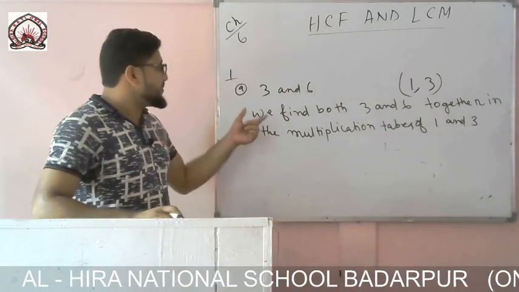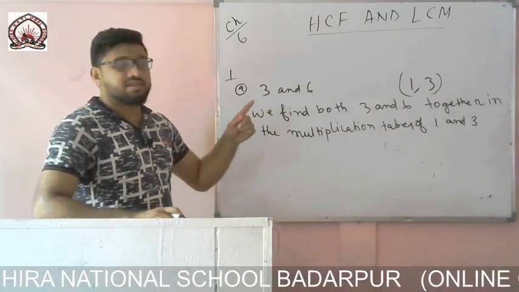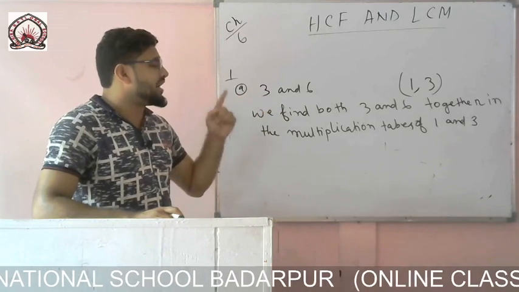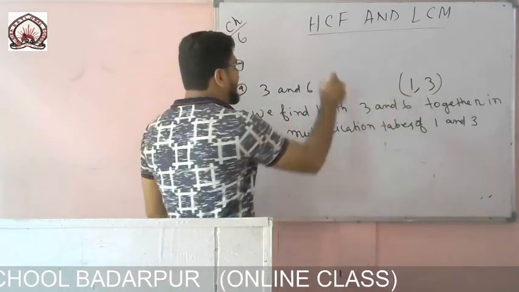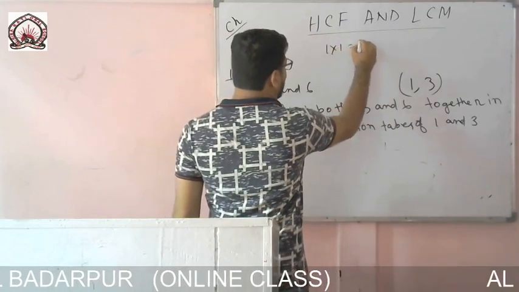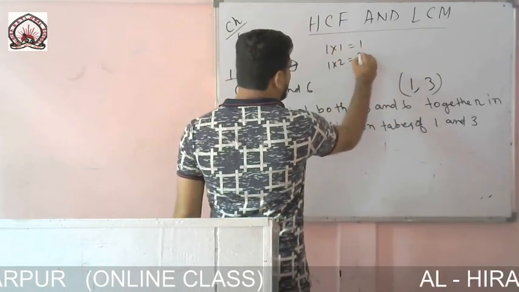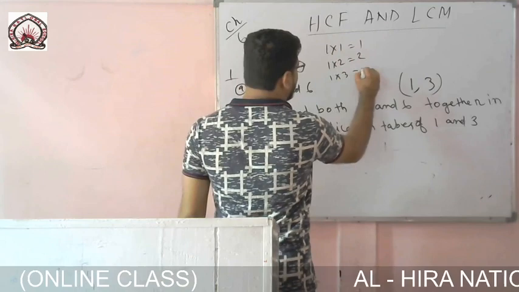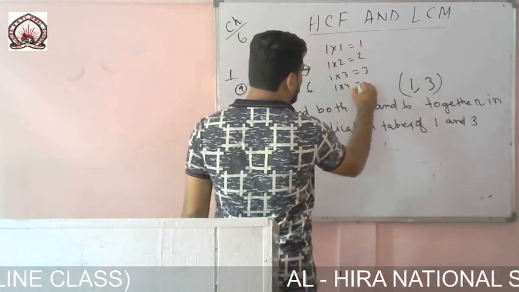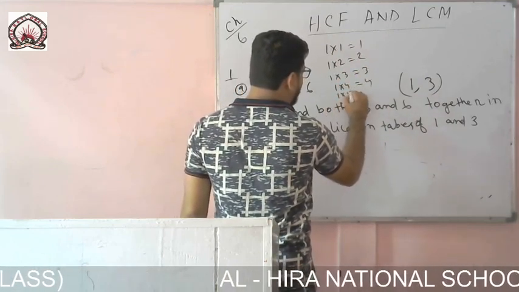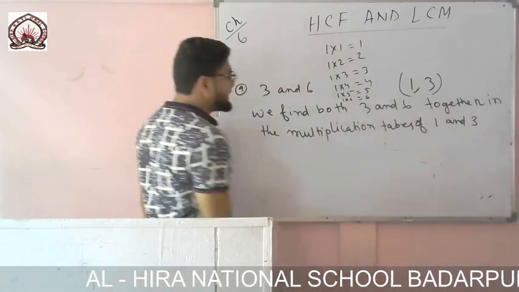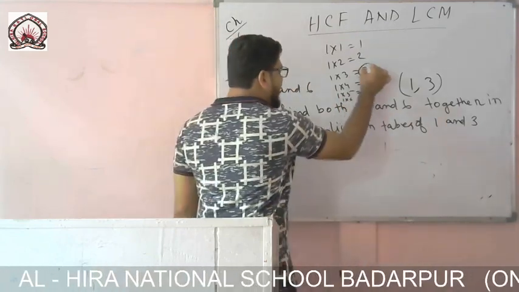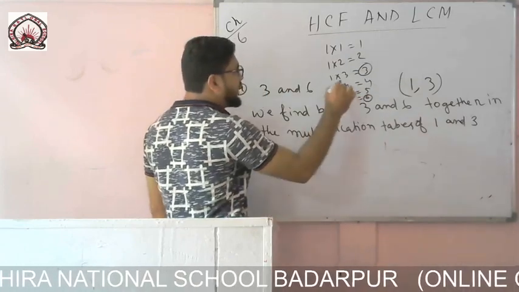That means 1 into 1 equals 1, 1 into 2 equals 2, 1 into 3 equals 3, 1 into 4 equals 4, 1 into 5 equals 5, 1 into 6 equals 6. That means both 3 and 6 we got in the multiplication table of 1.